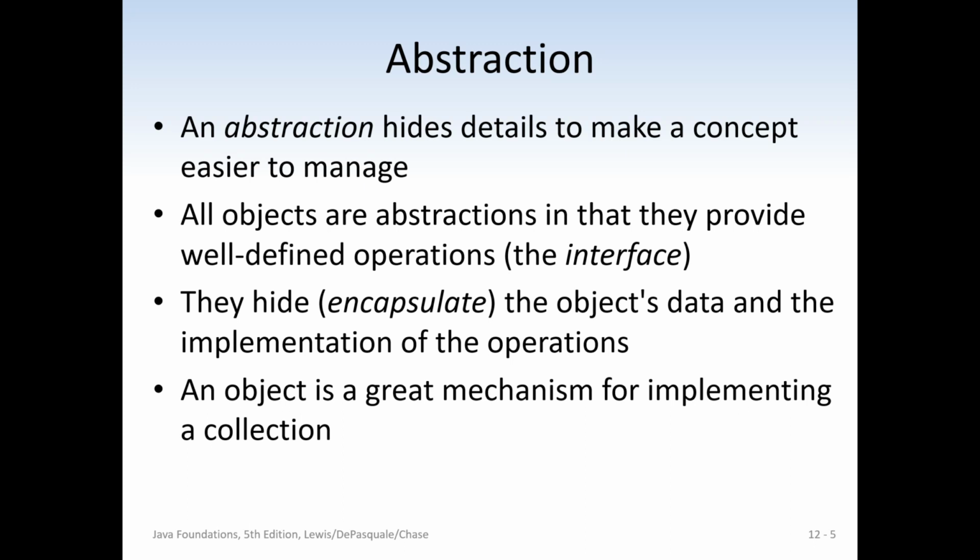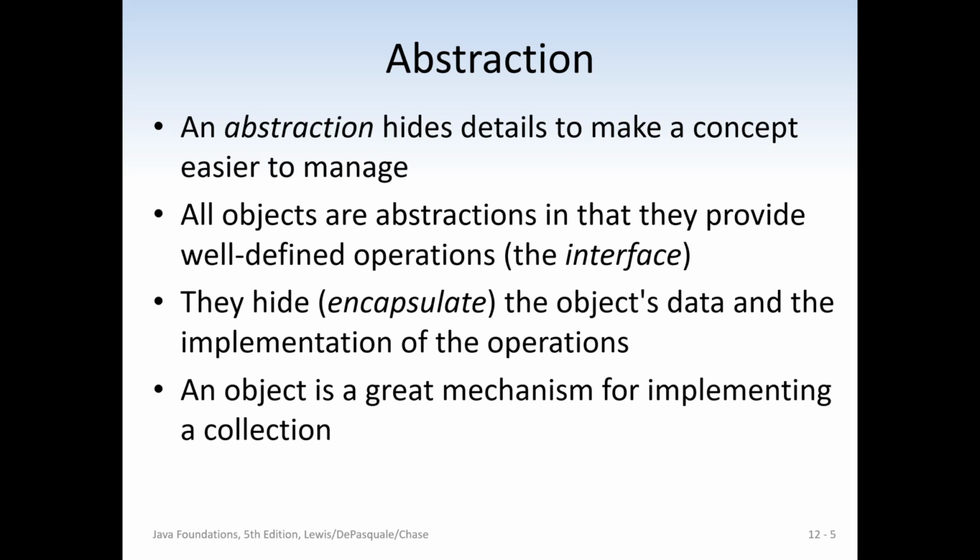But also more generically, we can say it's just a set of operations that we can use to interact with an object. What these functions do is they hide, or encapsulate, the object's data and the implementation of the operation. So the idea here is that we tell you what it does, and we don't show you how it works. You have no idea how it works internally.